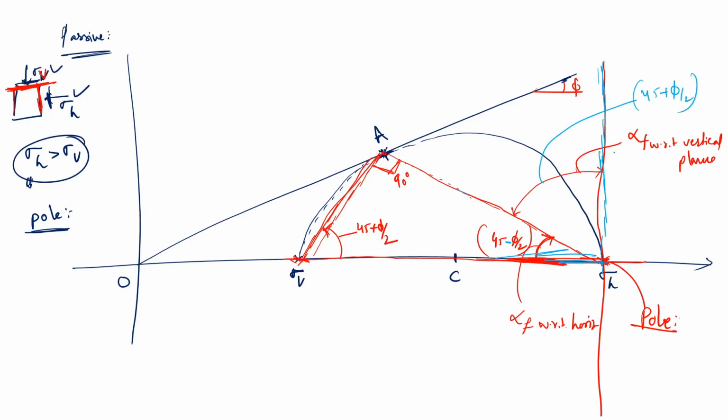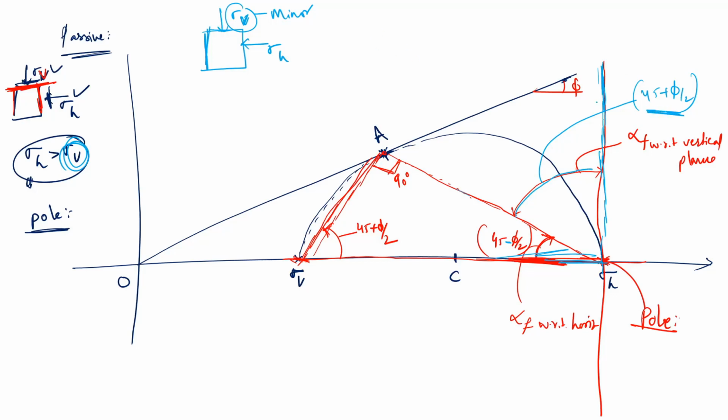Now what is the minor principal stress among sigma V and sigma H? This is the minor, because sigma V is lesser than sigma H. What is the direction of the minor principal stress? Vertical direction. With the vertical direction, again the failure plane is making 45 plus phi by 2.